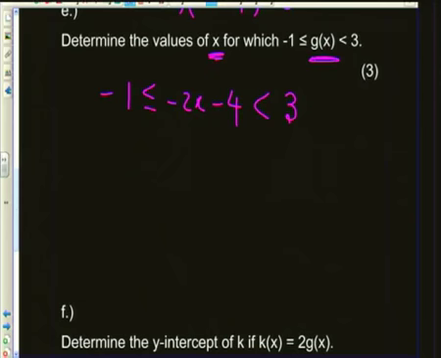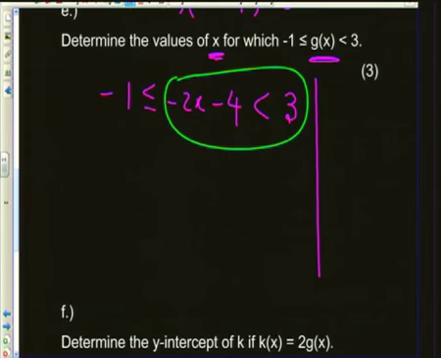Now, guys, very important. I've got 2 inequality signs. Now, in other words, if I can highlight here, I've got the minus 2x minus, right? Ignore this part for now.